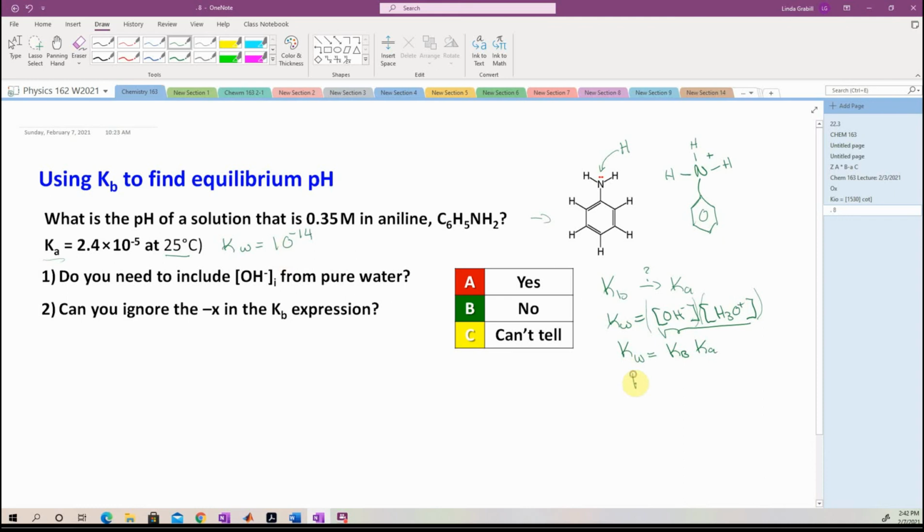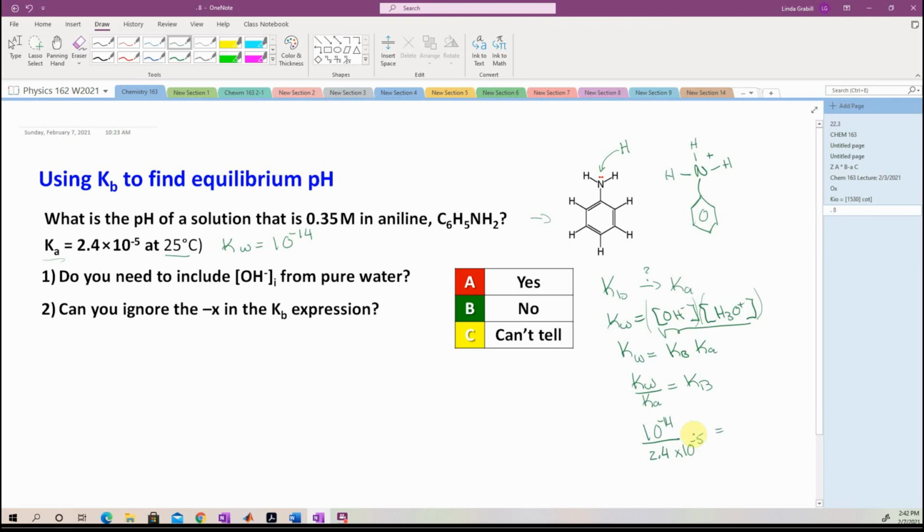So I can write Kw divided by Ka will give me my Kb. Let's go ahead and do that. So 10 to the negative 14 divided by 2.4 times 10 to the negative 5 is going to give me my base.